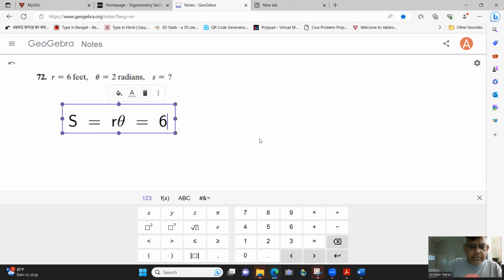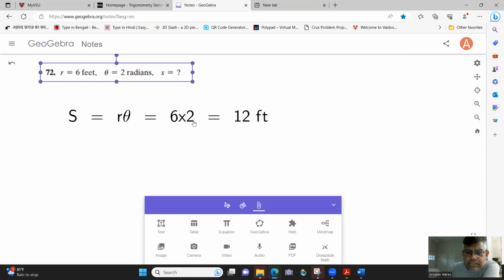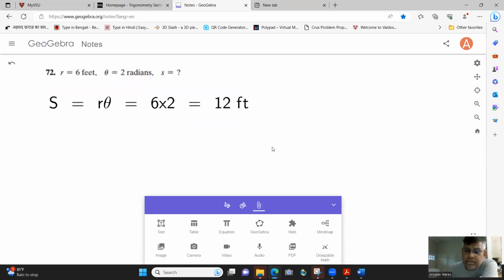What's R? 6. What's theta in radians? 2. The answer is 12. Now, it's a good idea to write the unit. On the exam, I expect you to write the unit. Remember, arc length is simply a length, like how tall your height is, how long a ribbon is. So it should be feet, because the question has feet for the radius, the same unit you will use. So that's my 72, done.